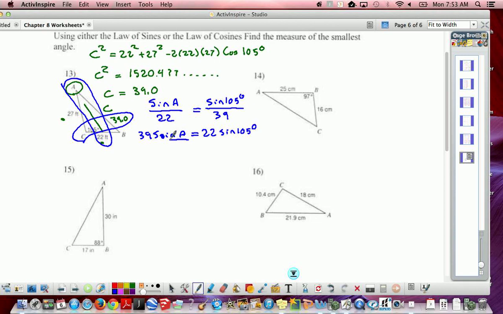I'm going to divide both sides by 39. So angle A is going to equal, those will cross out, so I've got to get the sine inverse on the other side. Sine inverse of 22 times sine of 105 over 39. If I type that into my calculator, I should get angle A to equal 33.0 degrees.